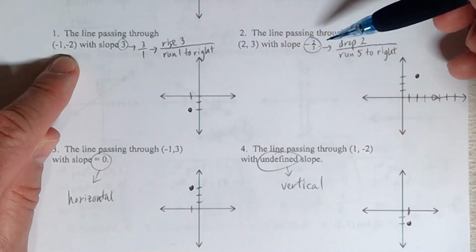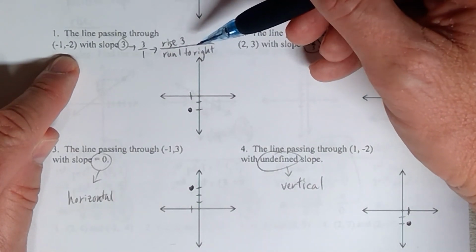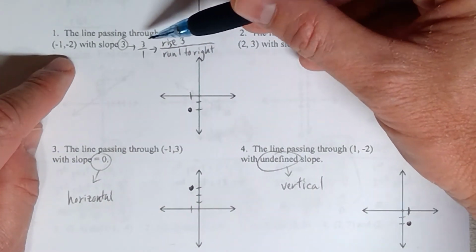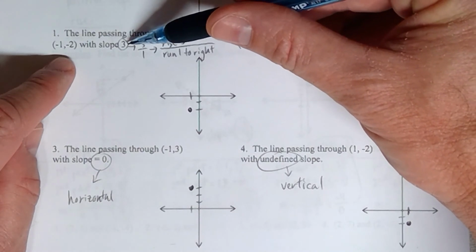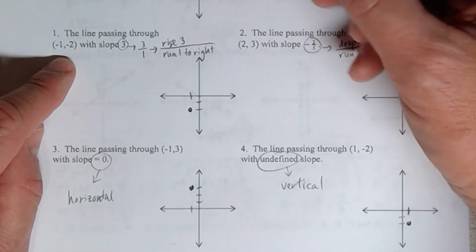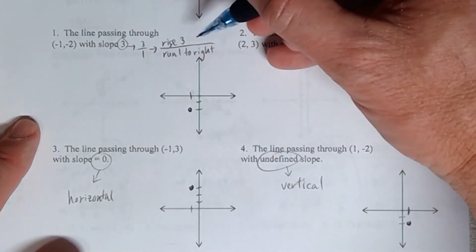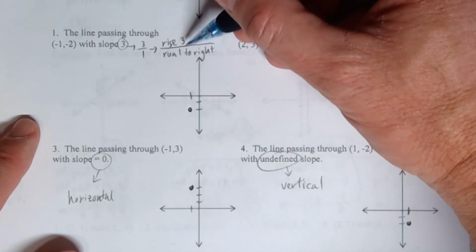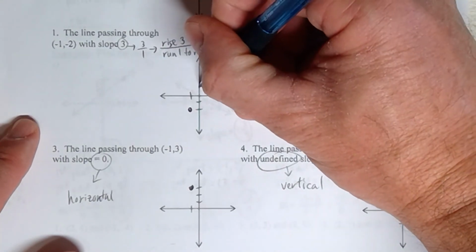But in the first two graphs, we'll find a second point here. Since the slope's positive and since it's just a regular whole number, I make it into a fraction by putting it over 1, 3 over 1. And that means that since it's positive, it's going to be rise and run. Let's do that.